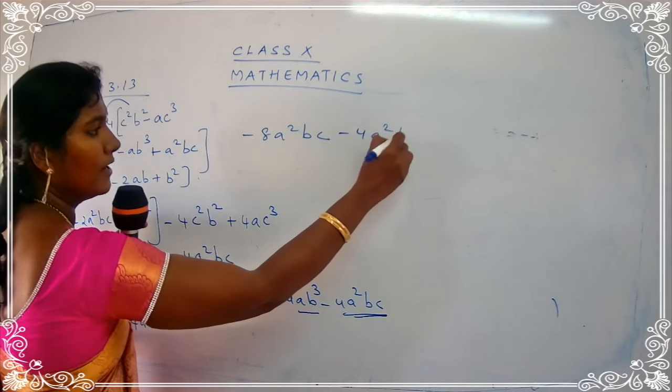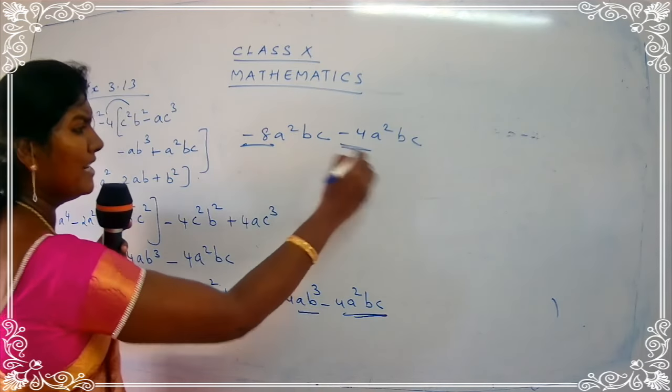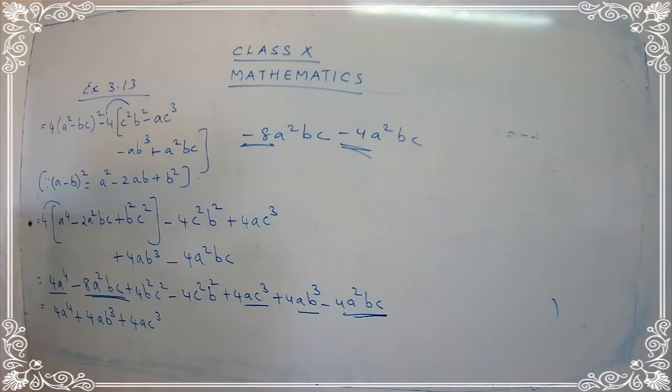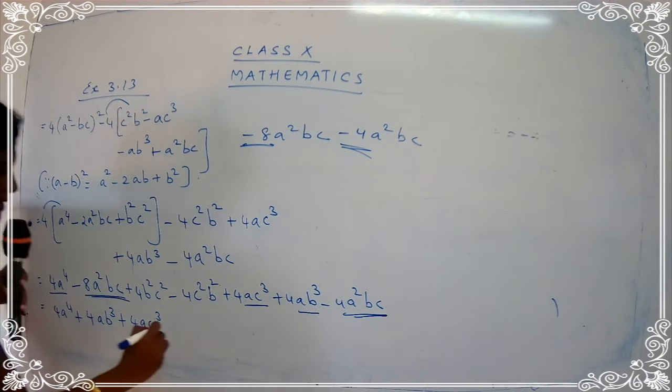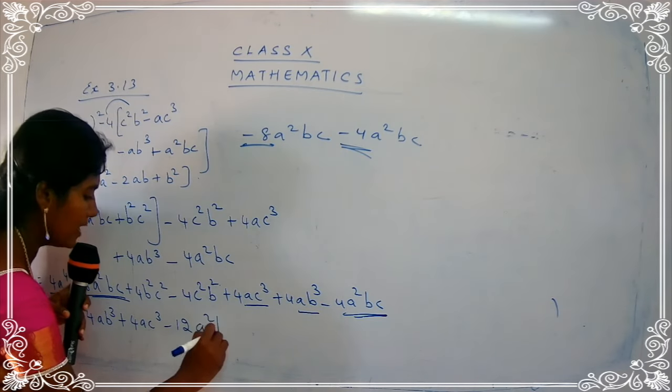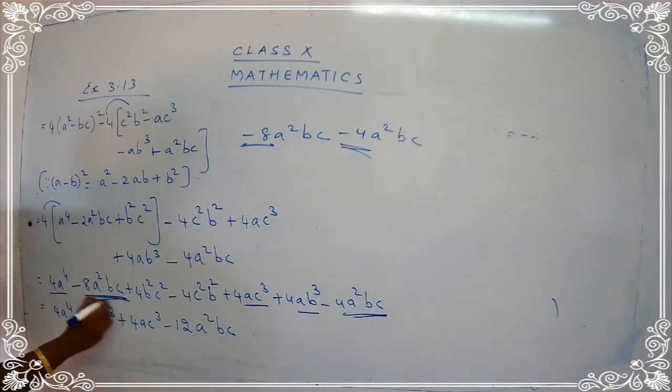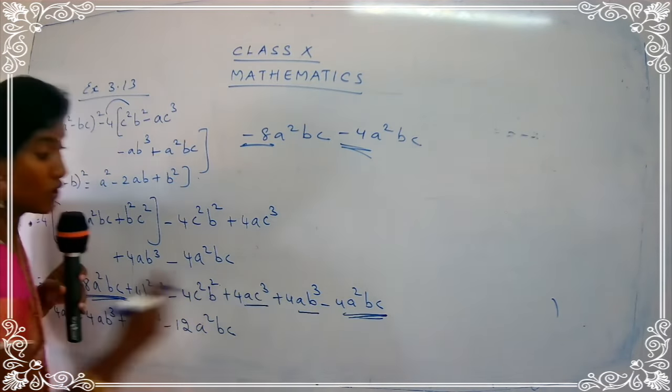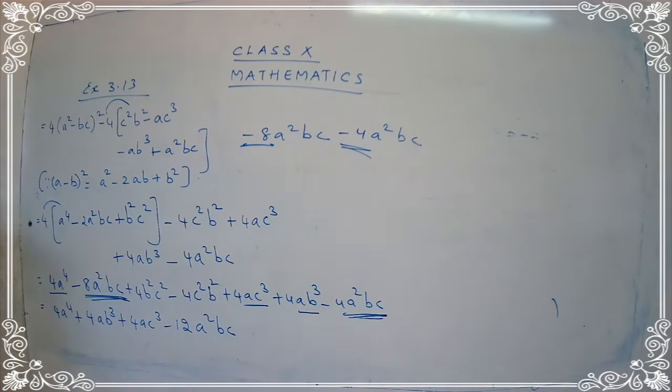Minus 4a square bc. Minus 8 minus 4, what is the answer children? Minus minus plus. So you get minus 12a square bc. So I have solved the like terms, minus 8a square bc minus 4a square bc. I hope you are clear.